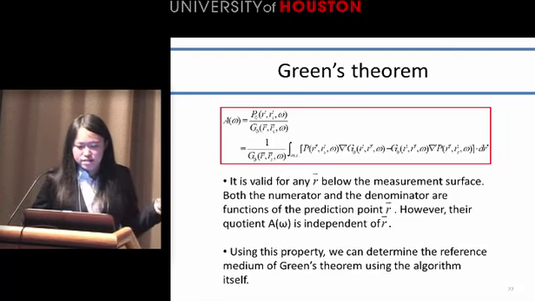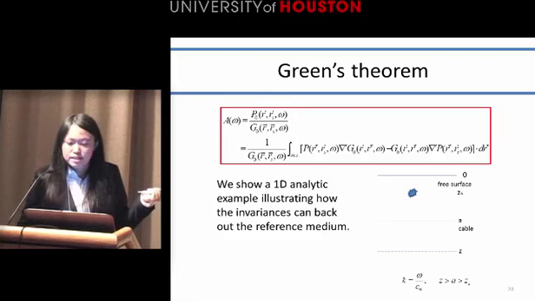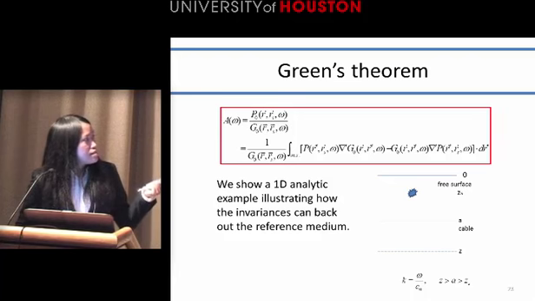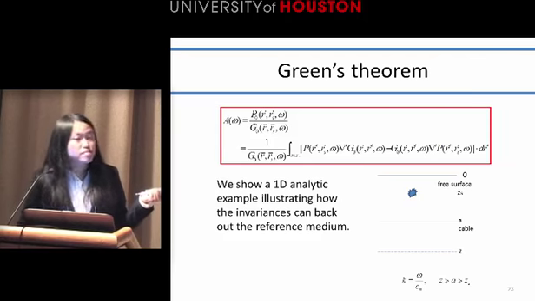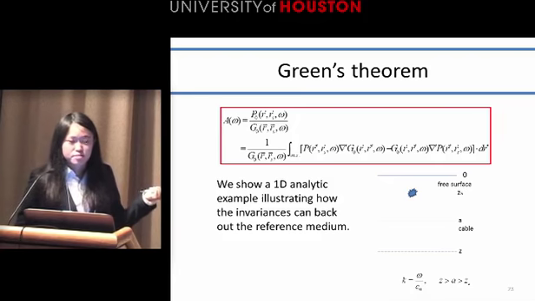I will illustrate the idea from this simple 1D example. In 1D, the surface integral becomes the value of this term on the Merriman surface where z equals a, and you can write the Green's function and the normal derivative analytically. The p and the dp/dz can also be written out because we don't have any subsurface here.